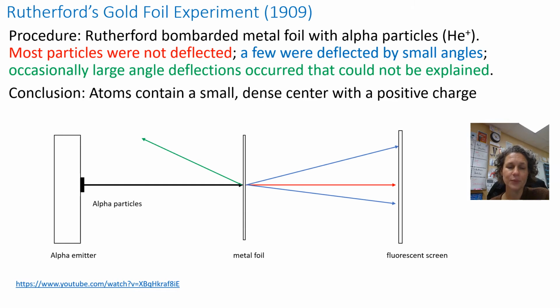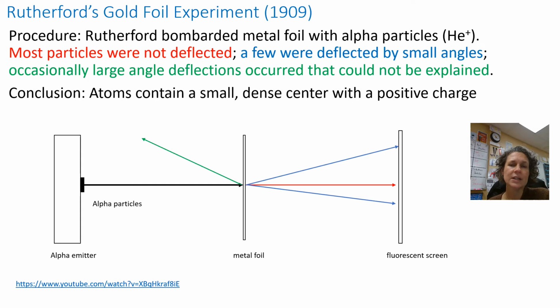Okay, now before we get to the next guy's model, I want to talk about a man named Ernest Rutherford. He performed one of the most often repeated, most famous experiments ever, and from it came up with pretty much the model that we use today, with a few little tweaks to it.